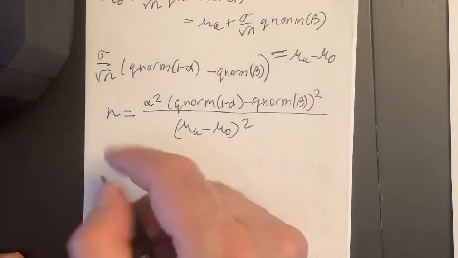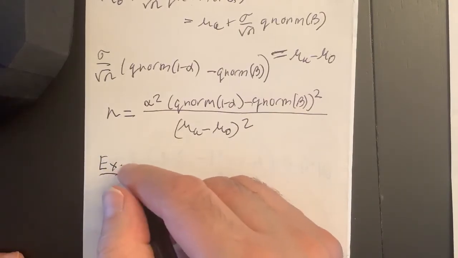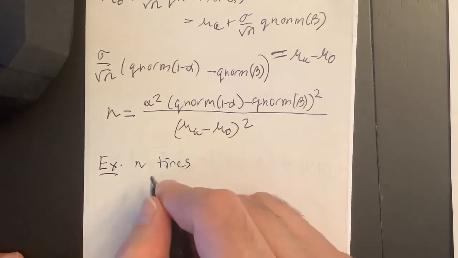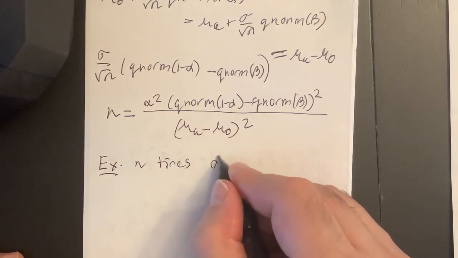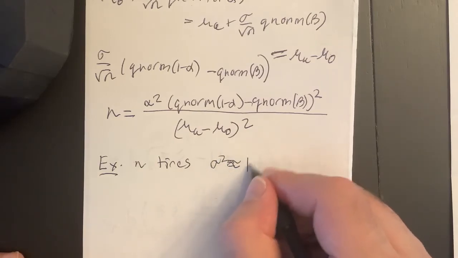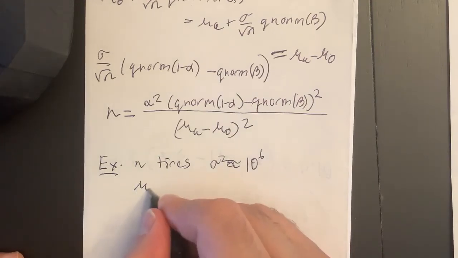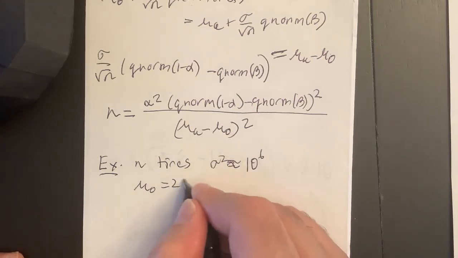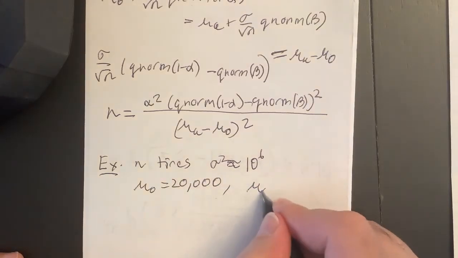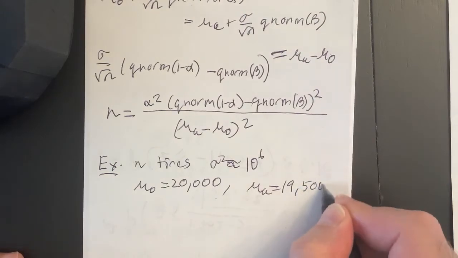Okay, so for example, for the tire problem, suppose we had n tires unspecified, sigma squared was approximately 10 to the 6th, and say mu 0 was 20,000, and suppose mu A is equal to 19.5.